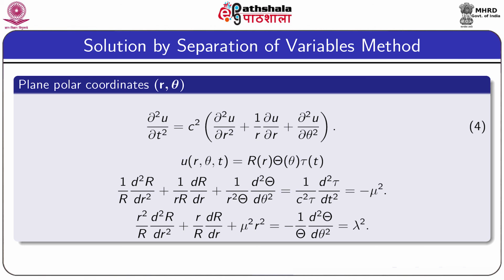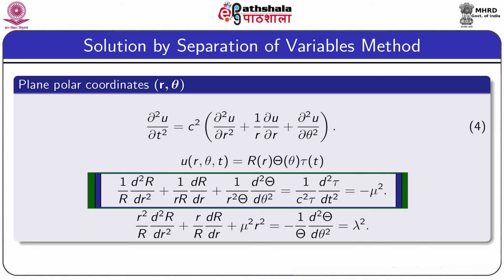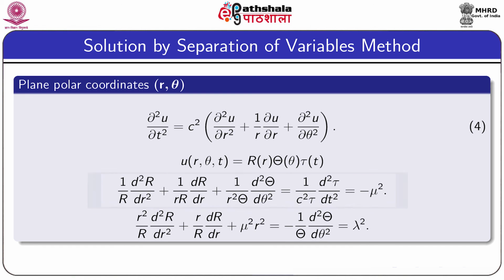Then we substitute this solution into equation 4 to obtain the relation which is written here: (1/R) d²R/dr² plus (1/(rR)) dR/dr plus (1/(r²Θ)) d²Θ/dθ² equals (1/(c²T)) d²T/dt².